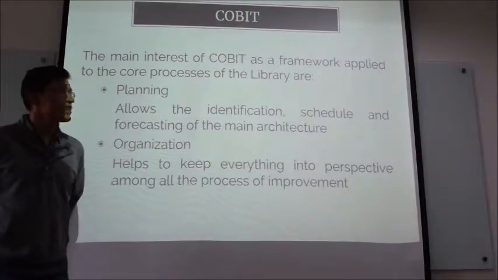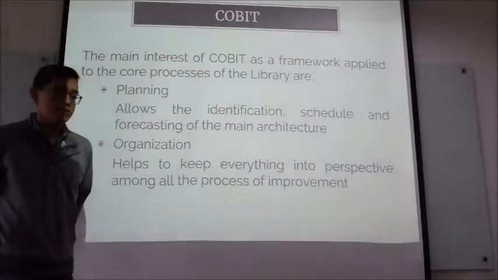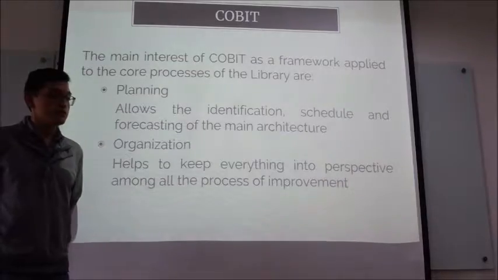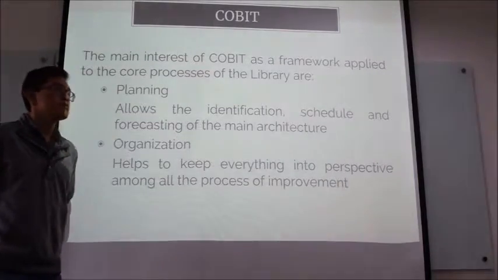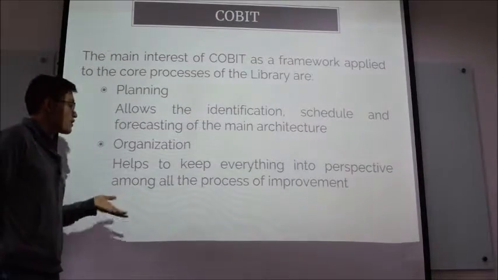So the next framework is COBIT, and COBIT as a framework applied into the library allows us to have two main things that are important. So we have the planning and the organization.